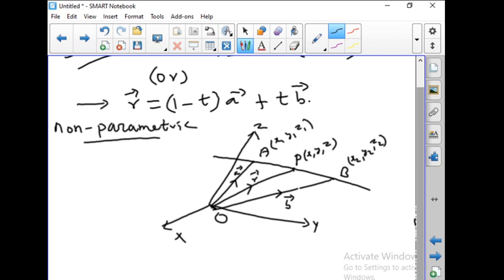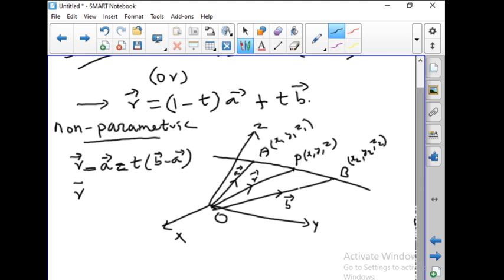Non-parametric form, that is, the above equation can be written as r vector minus a vector is equal to t into b vector minus a vector. So r vector minus a vector is equal to this, so we say that they are parallel.